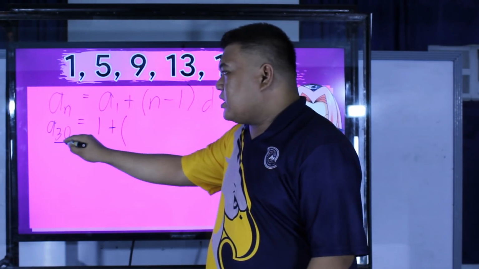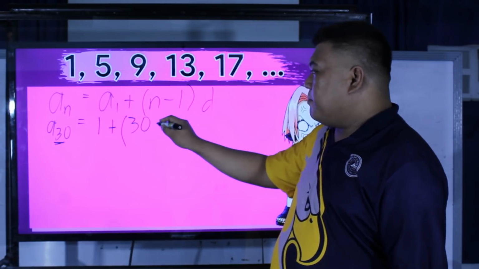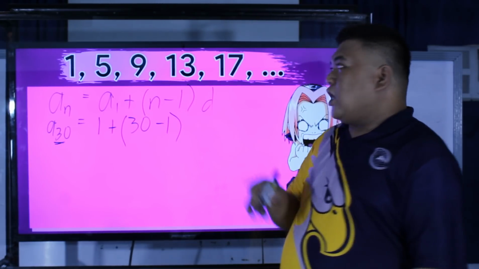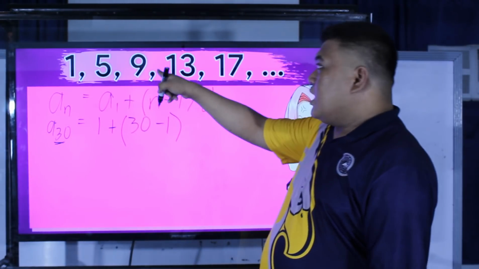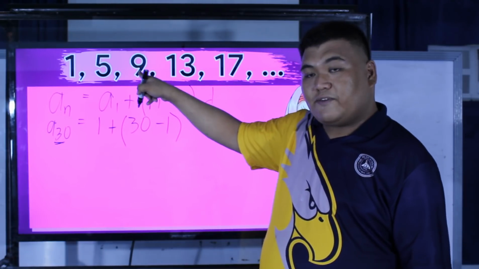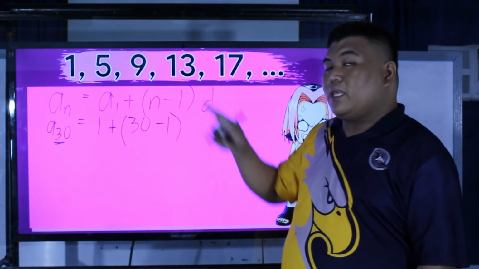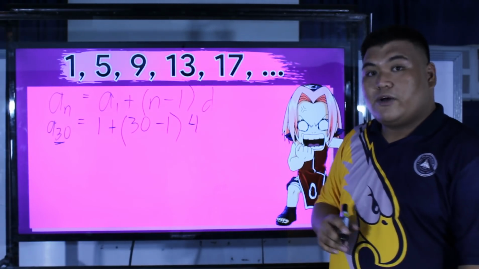We're looking for the 30th term, so n will be equal to 30, minus 1, times the common difference. 5 minus 1 is 4, 9 minus 5 is 4, 13 minus 9 is also 4, as well as 17 minus 13. So the common difference is 4.